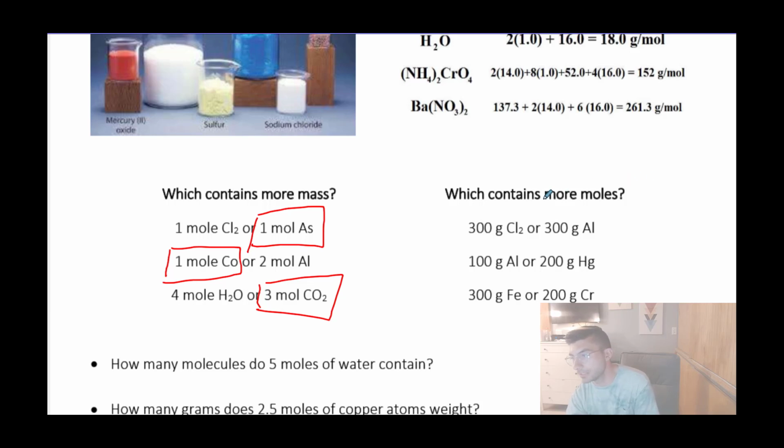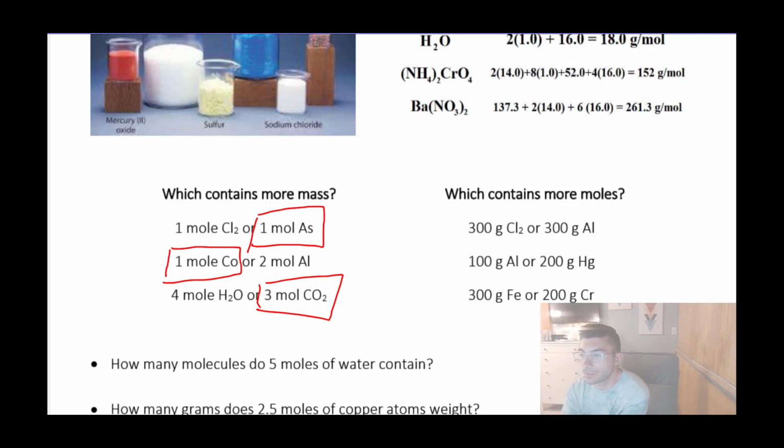Now in this column, we're looking at which contains more moles. Again, we have to use the molar mass. So we're looking at 300 grams of Cl2 or 300 grams of aluminum. Cl2 has a molar mass of 71 grams per mole, and aluminum has a molar mass of 27 grams per mole. So which one has more molecules, or which one has more moles?